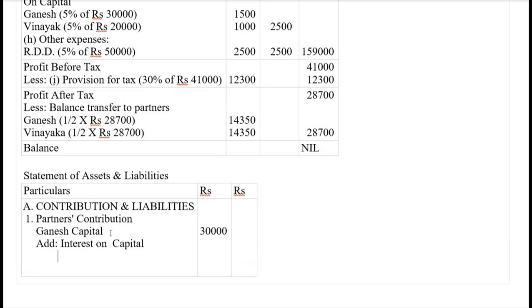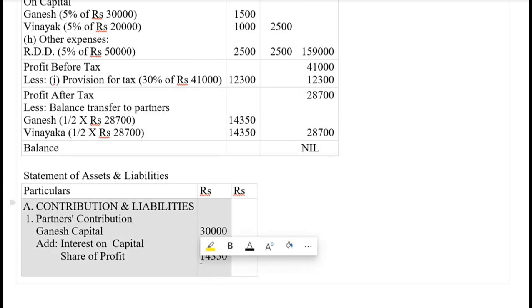Then the next one we should add here, share of profit. Both things we should add here, 1,500, then his share of profit of 14,350. Let me underline here so that it can be distinctively shown.